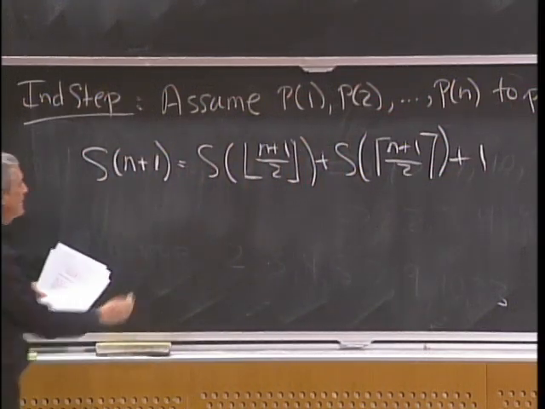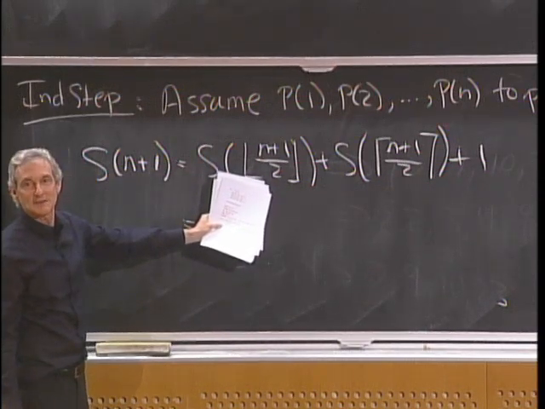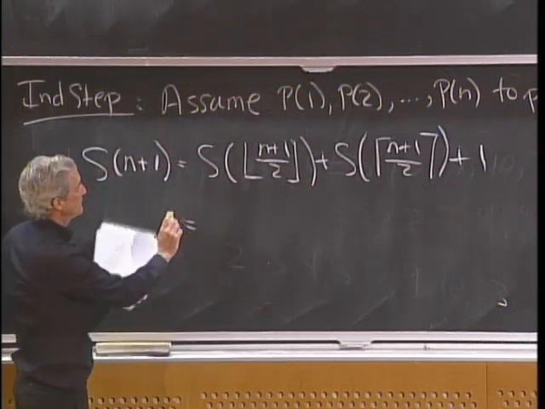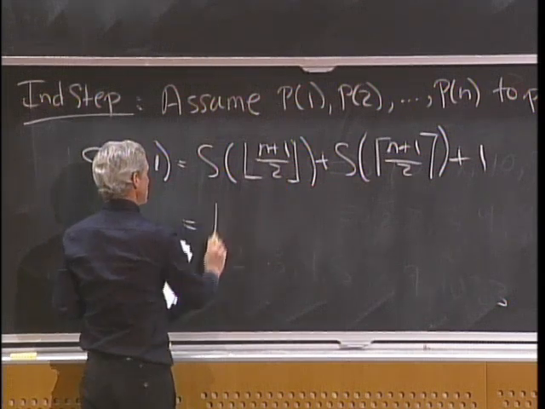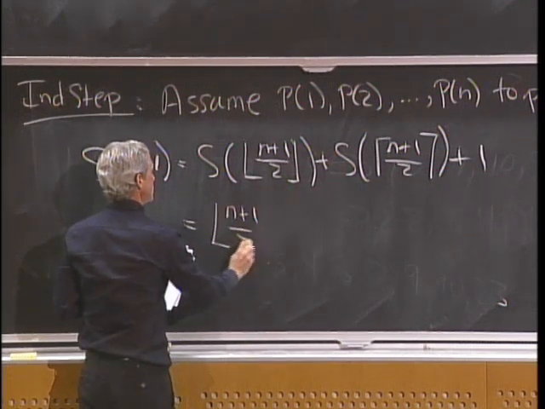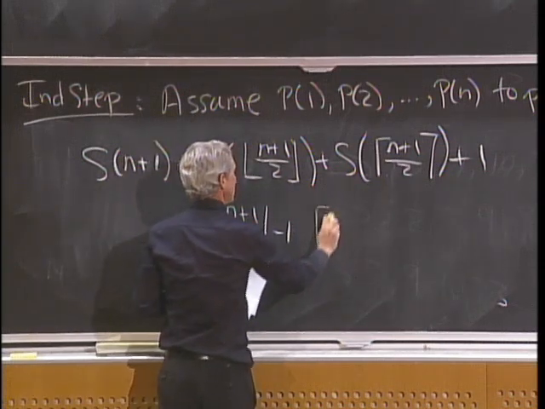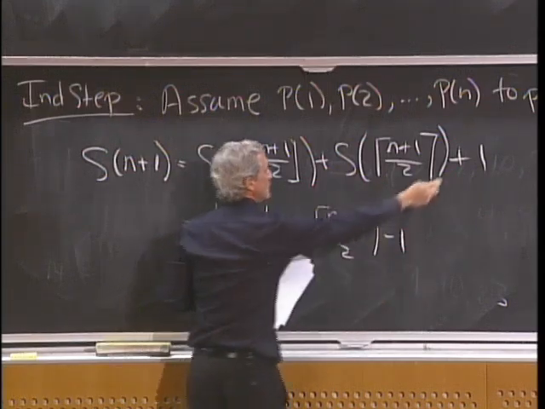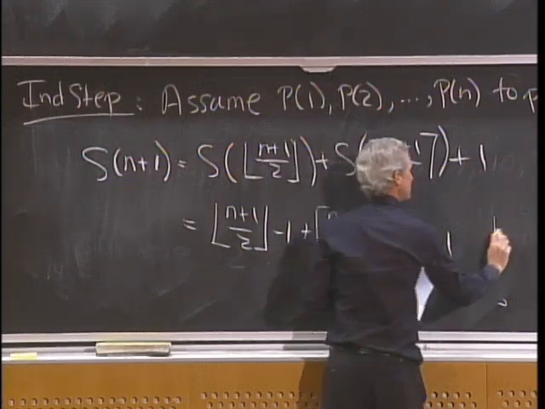Now I don't know what these are exactly, depending on whether n is even or odd, but first let me plug in using the induction hypothesis. I know that this is (n plus 1) over 2 minus 1. This is ceiling of (n plus 1) over 2 minus 1. And then I carry the plus 1 down. That's by the induction hypothesis.